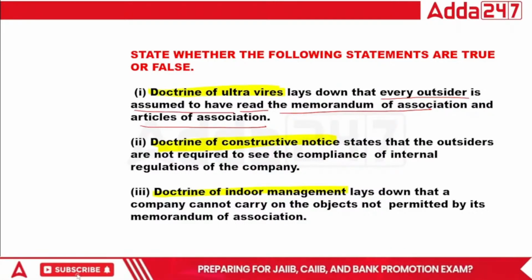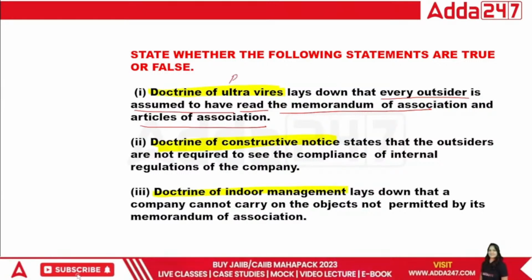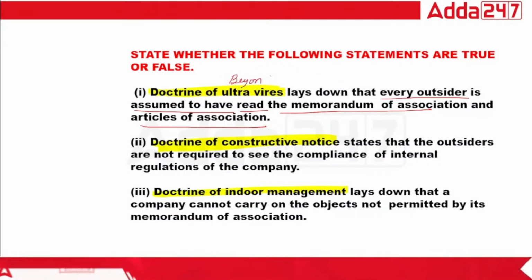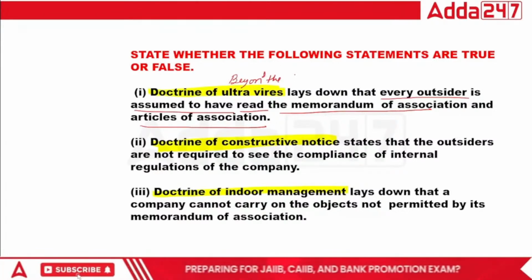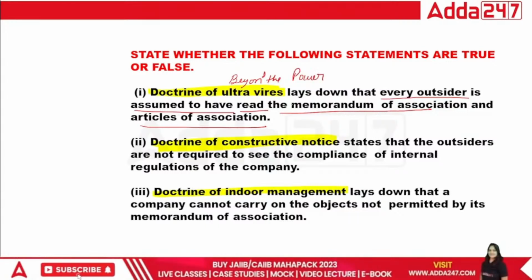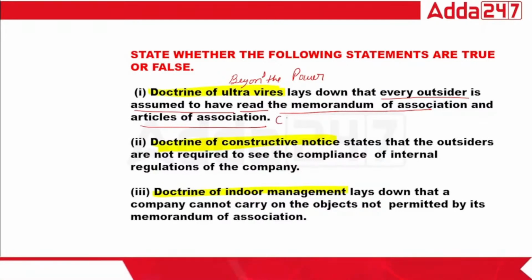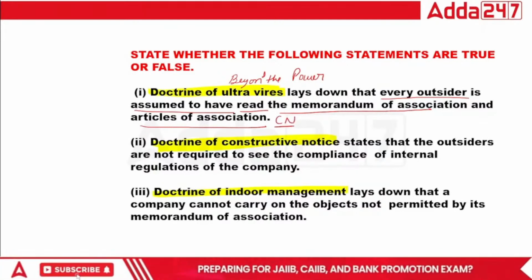So the doctrine of ultra vires basically means beyond the power. Beyond the power. That is called ultra vires, right? But this sentence, that every outsider is assumed to have read, is known as constructive notice, because this is the definition of constructive notice.